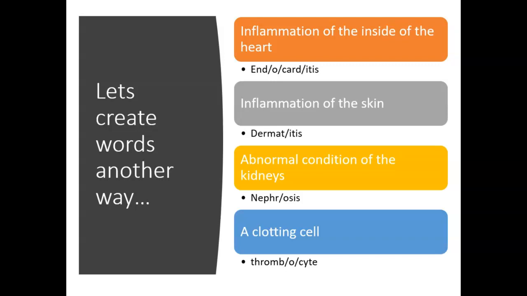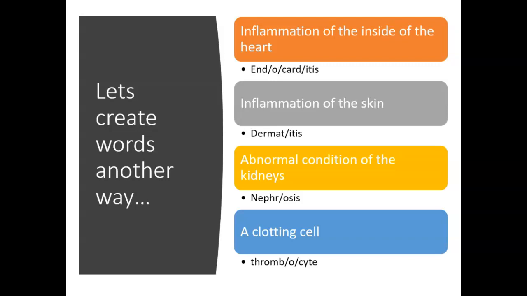If we know inflammation means itis, we know inside, the prefix is endo, and the heart refers to cardi, we create the word endocarditis. Inflammation of the skin. We know itis is inflammation, and the root word for skin is dermato. So we've created dermatitis. See, again, we dropped that combining vowel O.